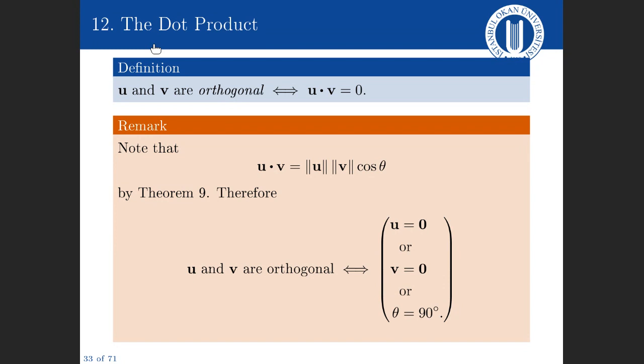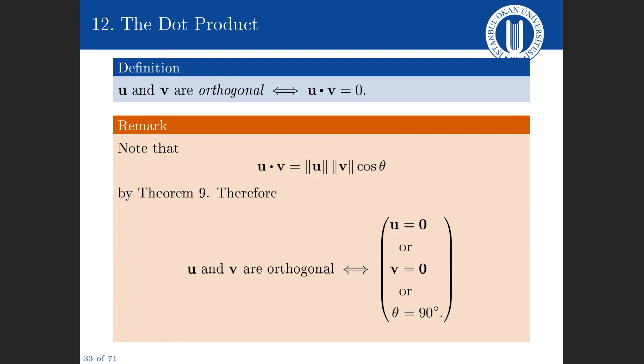Two vectors u and v are called orthogonal if and only if their dot product is equal to the number 0. Now, remember the formula for the angle.